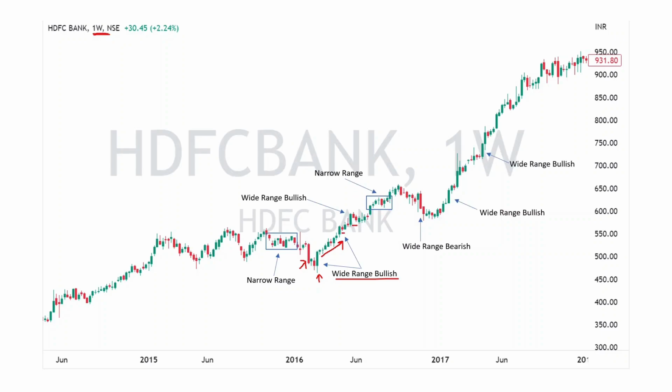Price temporarily went into balance, then one more bullish candle took price up. Then this is a wide range bearish candle, but it formed a big long wick, so it's not really very bearish. Then again price started going up on the back of wide range bullish candles over here.